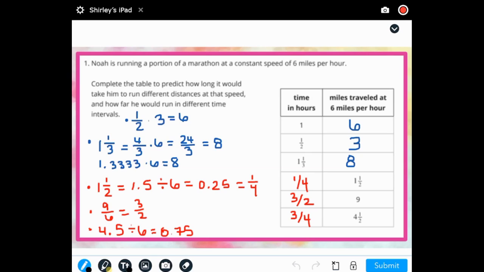That sentence gives you the constant of proportionality. Use that to fill in the rest. Again, if the fractions are throwing you off, make them a decimal and then do it exactly the same way.